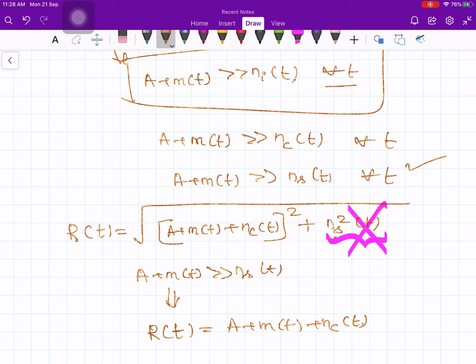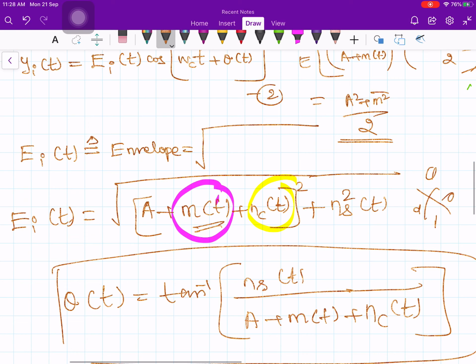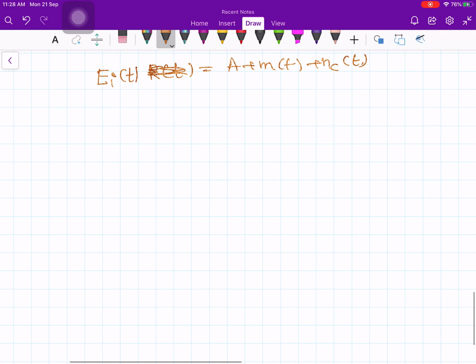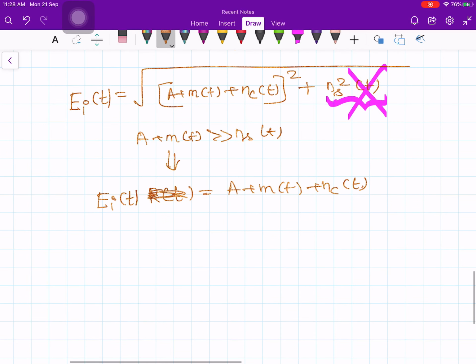Instead of R of t, now I am using a different notation. Let me use E_i of t, because initially I defined the envelope as E_i of t, not R of t. And of course this A term is blocked by a capacitor. The capacitor will block this in the envelope detector.